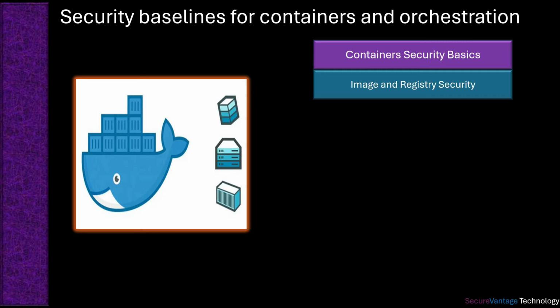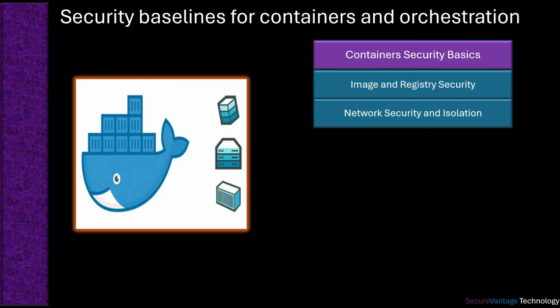You should avoid using latest tags in production to prevent untested image changes from being deployed, and use signed and verified images only from trusted sources such as official repositories or approved internal sources.